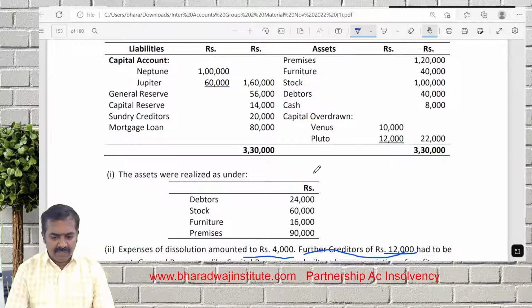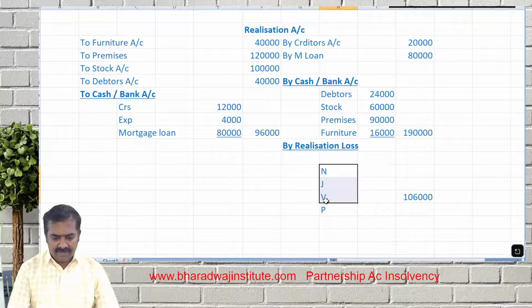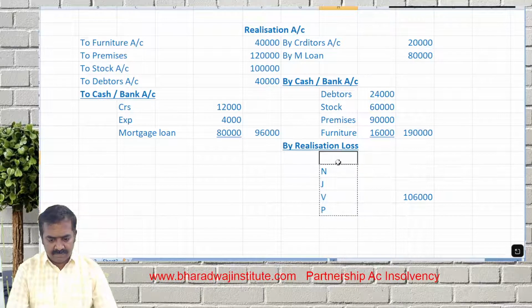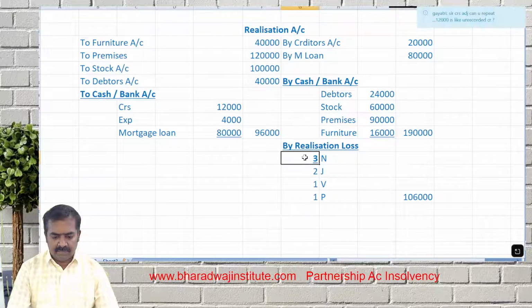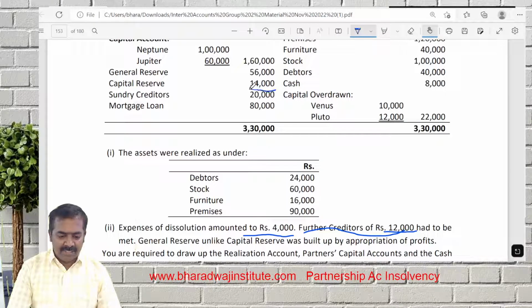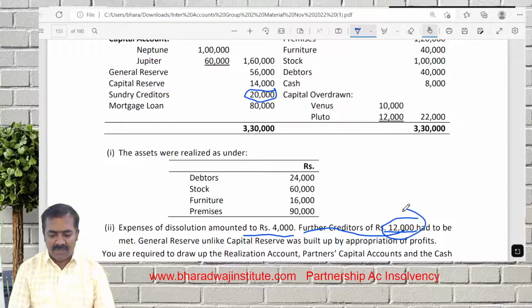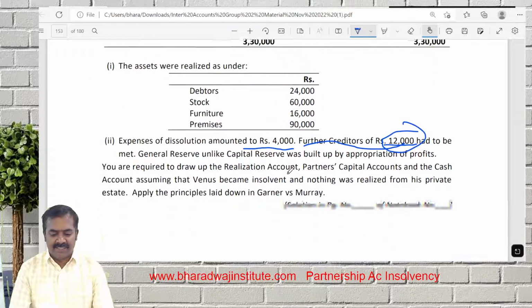Like NJ, VP. 3:2. No, it's not unrecorded. How much of creditors are there? 20,000. அவங்களுக்கு 12,000 pay பண்றோம் அவ்வளவுதான். We are paying only 12,000 to the creditors.